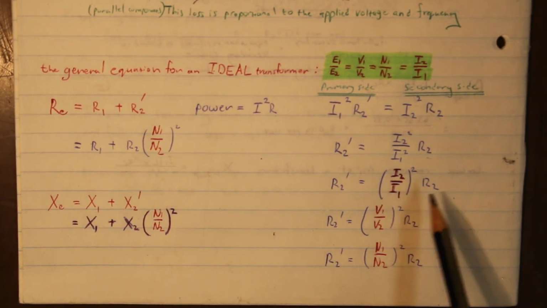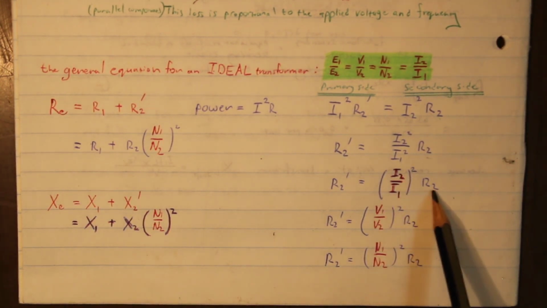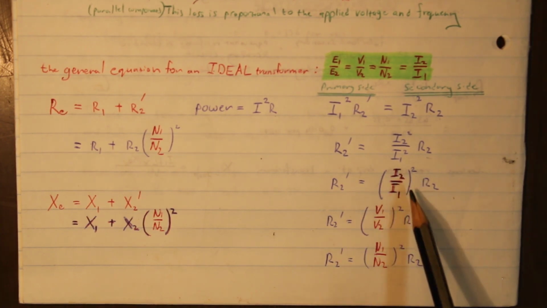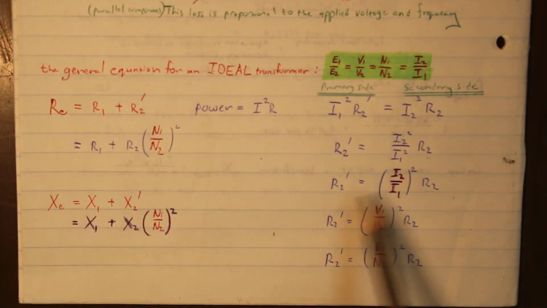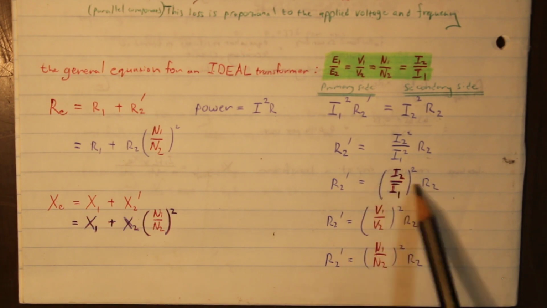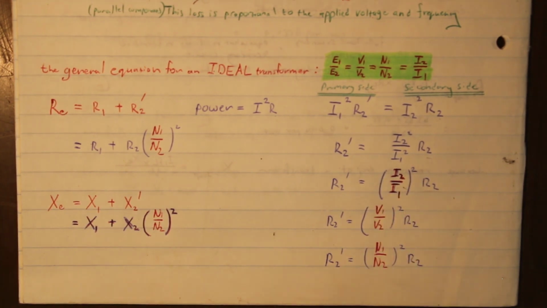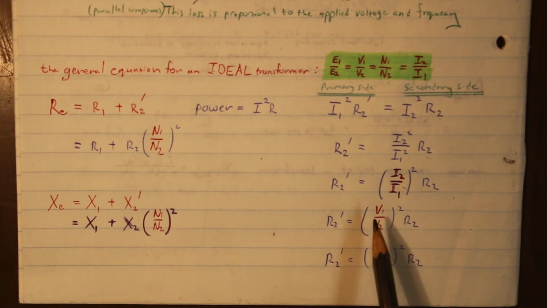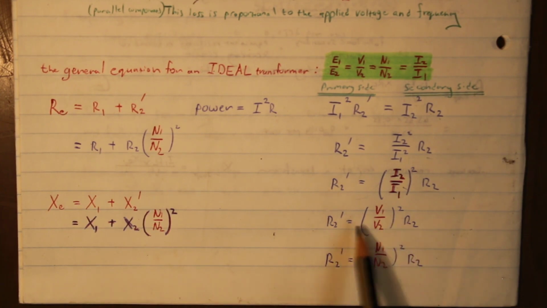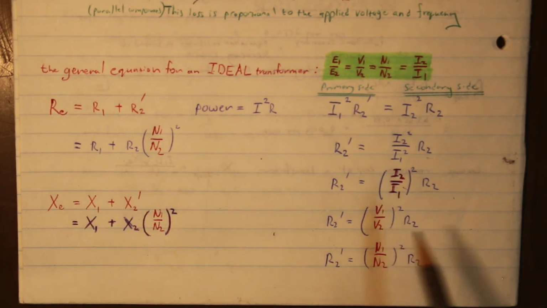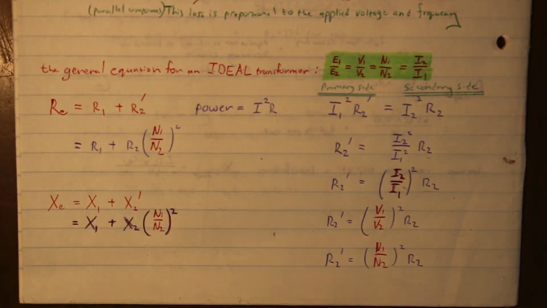They might give us the resistance of R2, and they might give us I2 and I1, and then to find out what R2 prime is, we can use one. And then sometimes they might give us the primary voltage and the secondary voltage, and then we can use this one: V1 over V2 with R2. And then the same for the last one. Sometimes they'll just give us the turns of the primary and the secondary, and then we can just use this one.